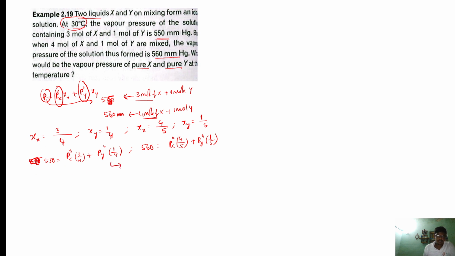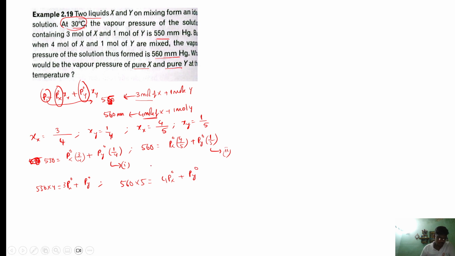This is case 1. This is case 2. So do the cross multiplication. Here it is 550 into 4 equal to 3 Px naught plus Py naught, and here it is 560 into 5 equal to 4 Px naught plus Py naught.